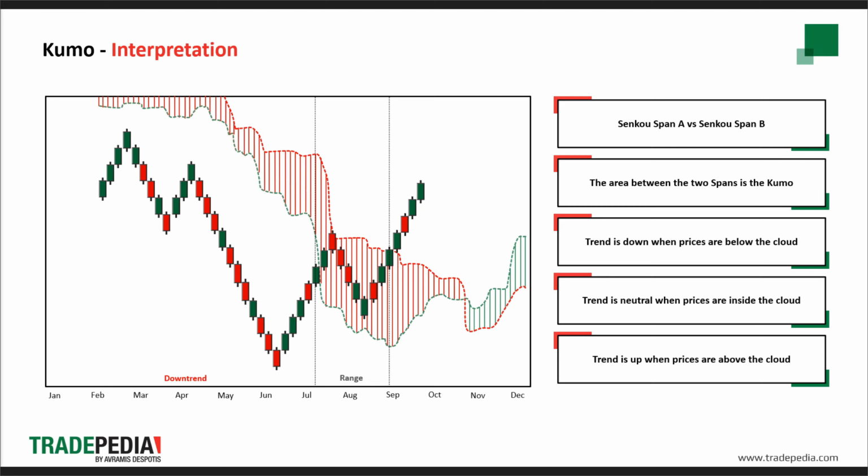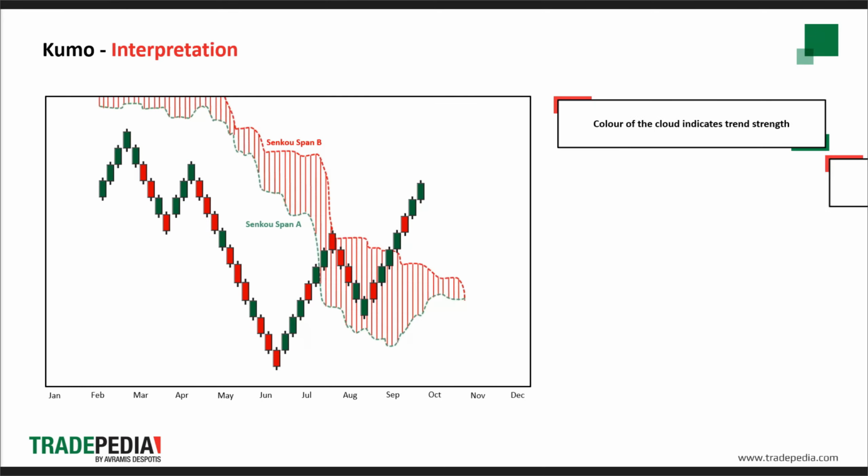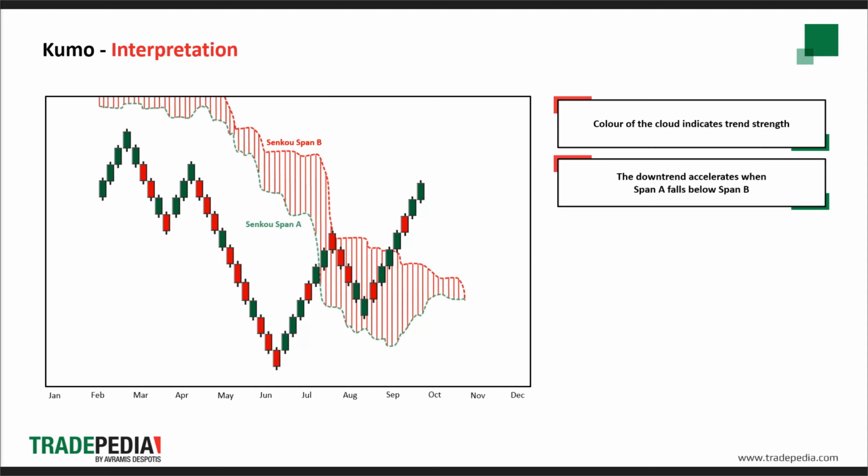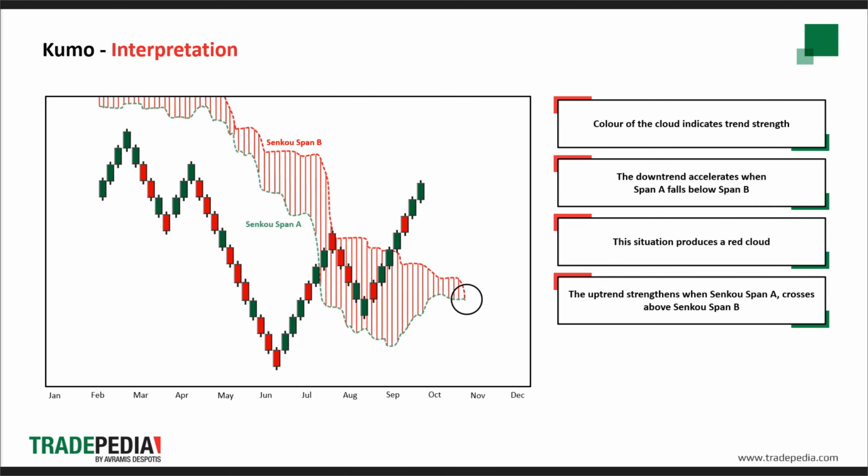I just look at the cloud and determine based on that. So actually, all of this I can skip because I have already covered it. You can see the interpretation of the Kumo indicates whether it's bearish or bullish.